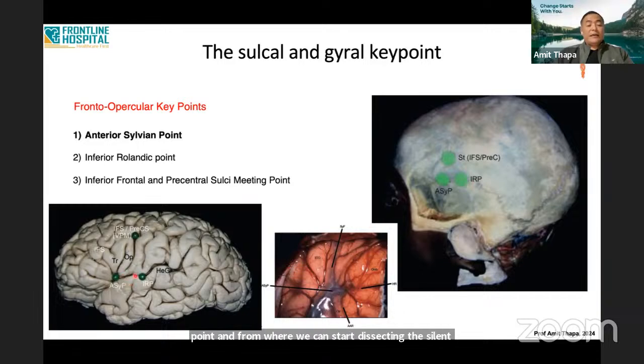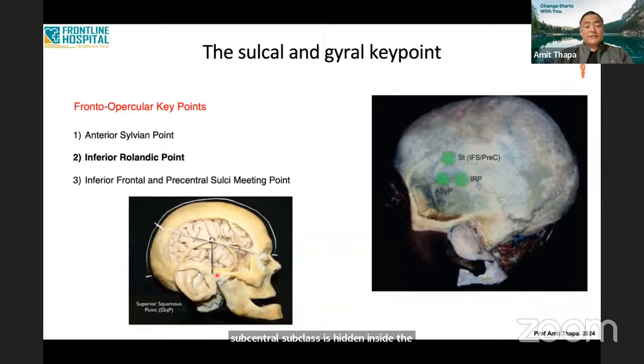And when we go behind it, we reach a point known as the inferior Rolandic point, which is nothing but the point where the central sulcus comes down into the sylvian fissure, and in some places can even hit into the sylvian fissure where the subcentral sulcus is hidden inside. This inferior Rolandic point lies 2 to 4 centimeters above the preauricular depression point.